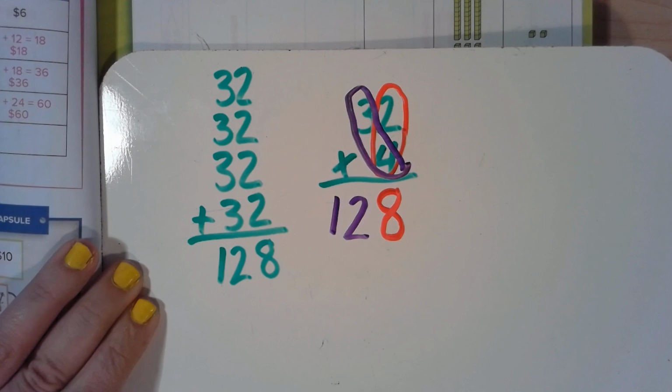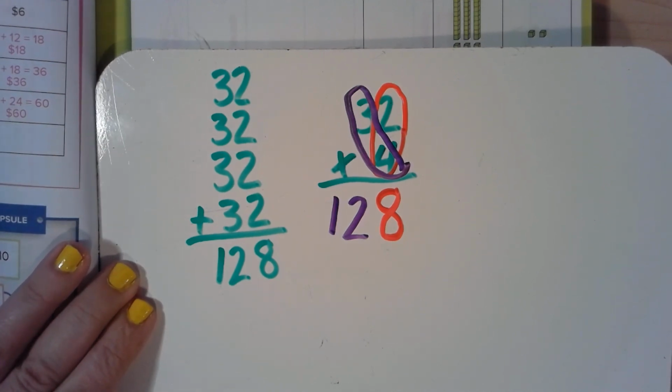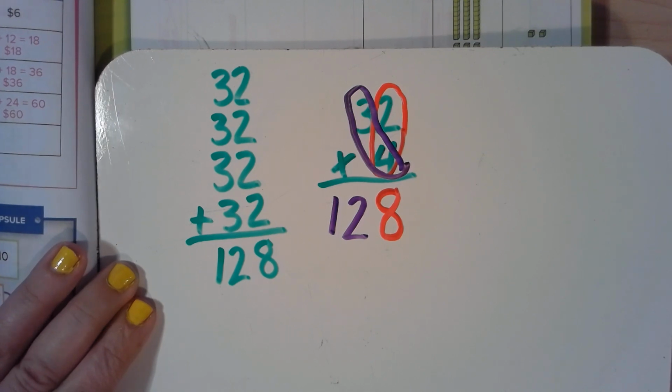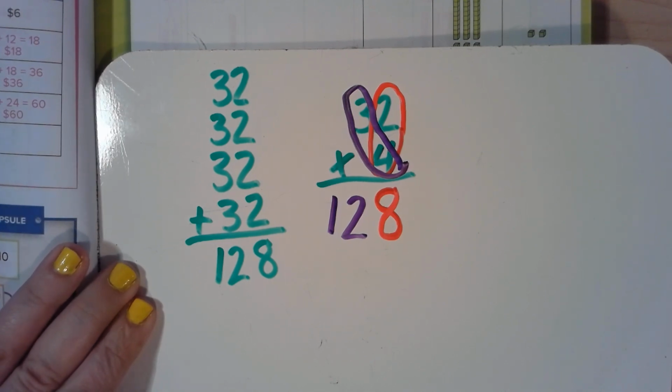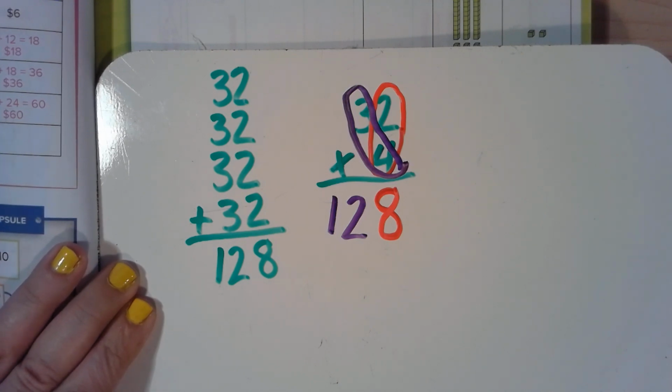You can also use a calculator. You can punch it in your calculator, 32 times 4. You won't always have a calculator, and I know you're going to tell me, I'm always going to have a cell phone. But what if the cell phone runs out of battery? Or what if you just need to do it quickly in your head and it's winter time and it's too cold to get out your phone?